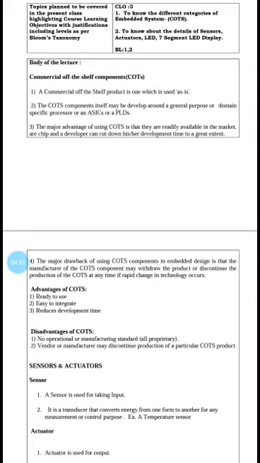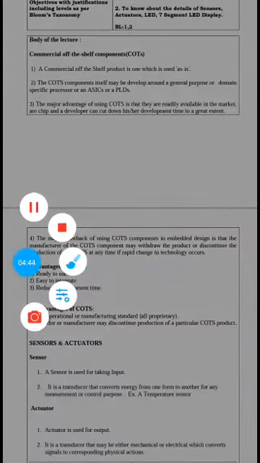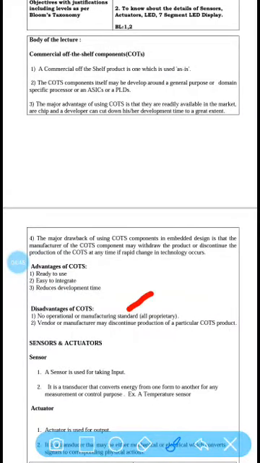Likewise, we'll see the disadvantages. COTS components do not follow any manufacturing standards. Also, the manufacturer or vendor may discontinue production of a particular COTS product. So these are some advantages and disadvantages of commercial off-the-shelf components, the third category of embedded system.